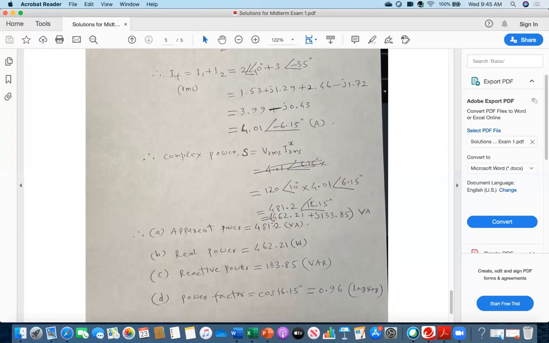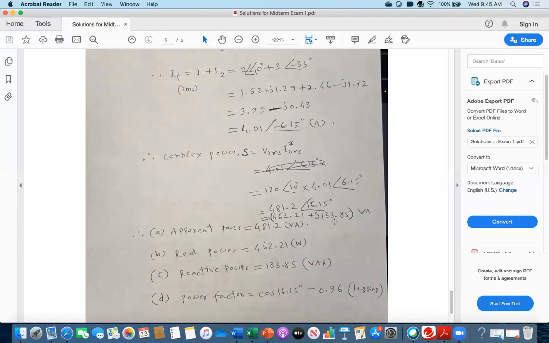What is the apparent power? Just the magnitude portion, 481.2 volt ampere. What is my real power? The real component, 462.21. It depends on how you are doing it on the calculator. You might get a little bit more or less value than this, like 0.2324, etc. But the first portion should be the same.